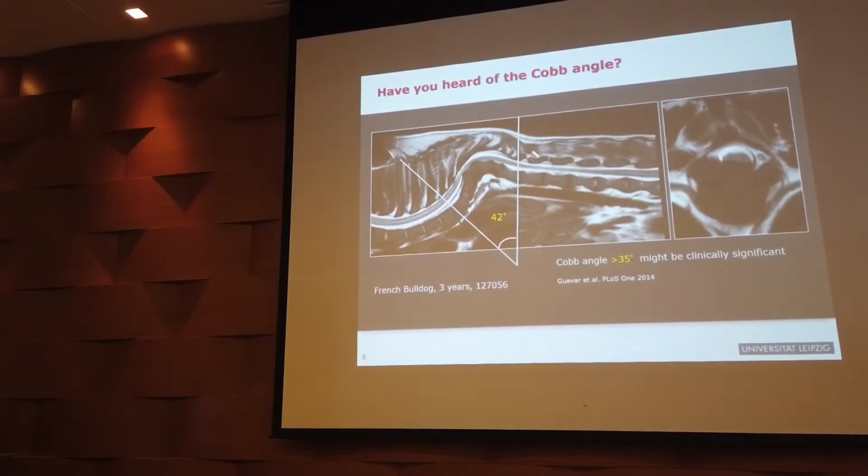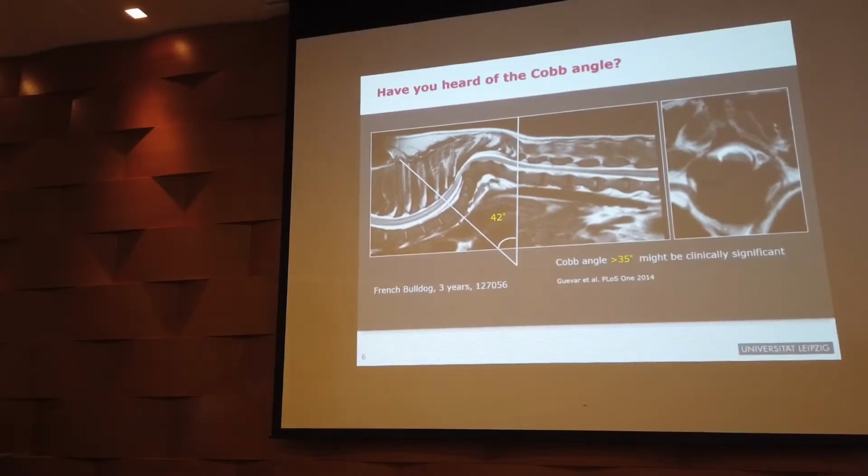If you have a malformed spine, you take the last intervertebral disc space that appears to be normal in front of the lesion, and you take the first disc space behind the lesion, it's probably not the correct drawing, and you measure the angle between those two. And if that angle is larger than 35 degrees, it's probably a relevant lesion.